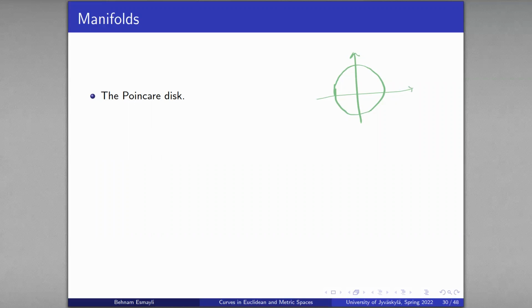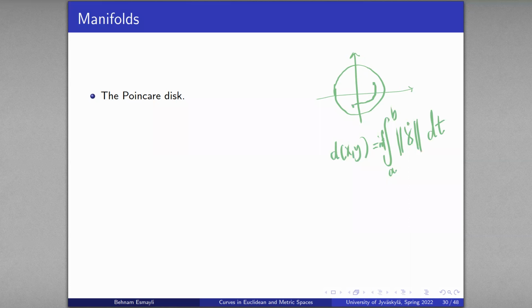In this distance, you define the distance between 2 points x and y to be the smallest, so this will be the infimum of the integral from a to b of the norm of gamma prime dt, where the infimum is over all piecewise C1 curves that go from x to y.